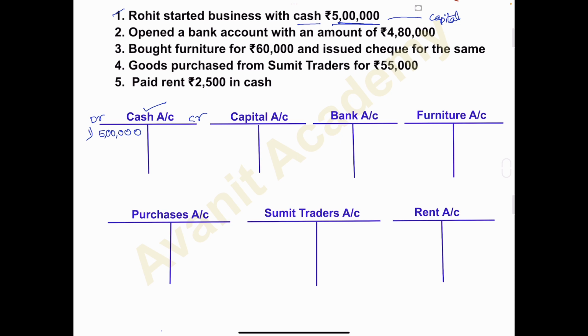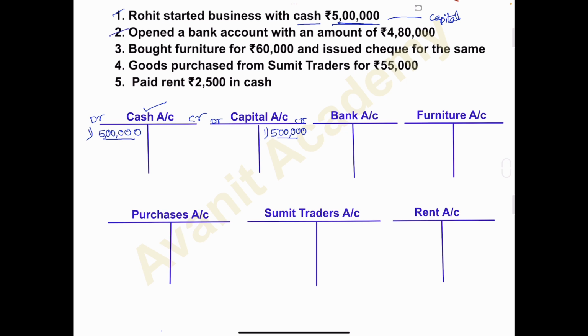So here the capital amount is increased, so we'll write on the credit side of the capital account, amount 5 lakh. Clear? This is for the increase in assets and this is for the increase in capital.